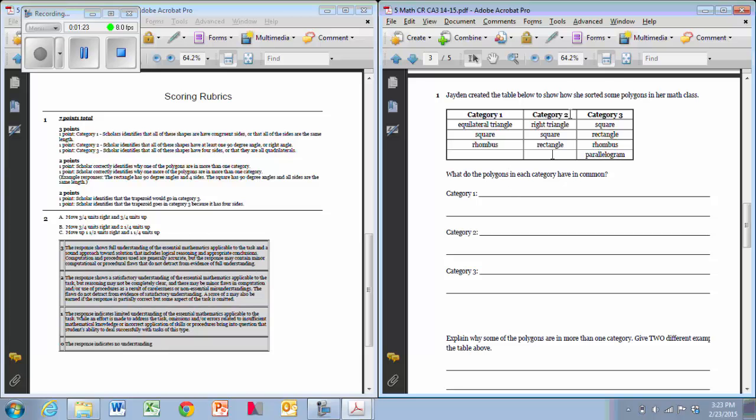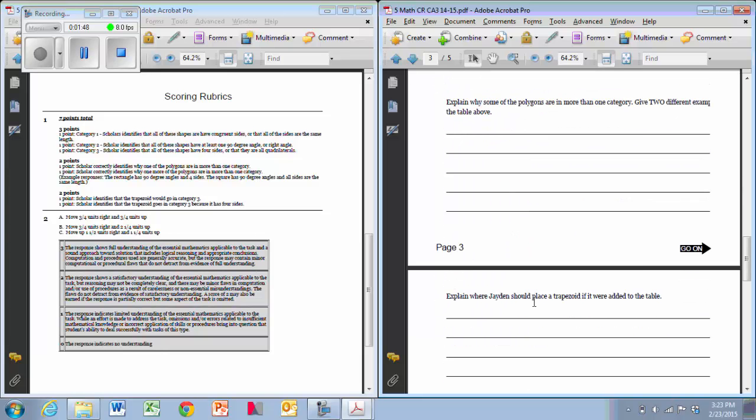For category 2, each of these shapes has at least one right angle. Scholars will receive a point if they note that. And for category 3, all of these shapes are quadrilaterals. Scholars can also write that each of the shapes has 4 sides, and that will also get them full credit, or 4 vertices. That is also 1 point.